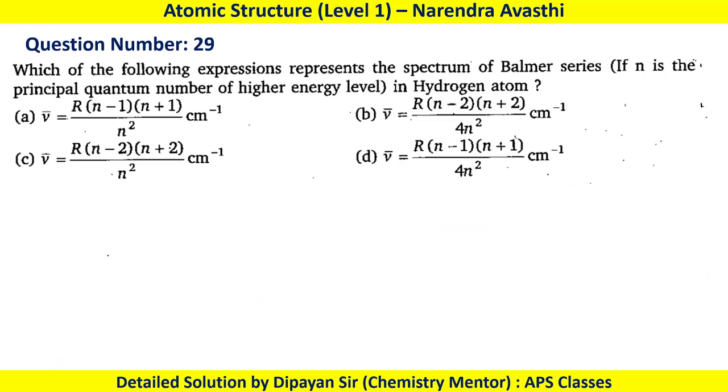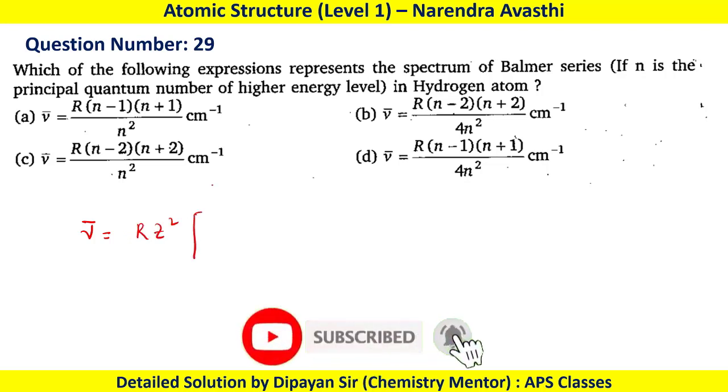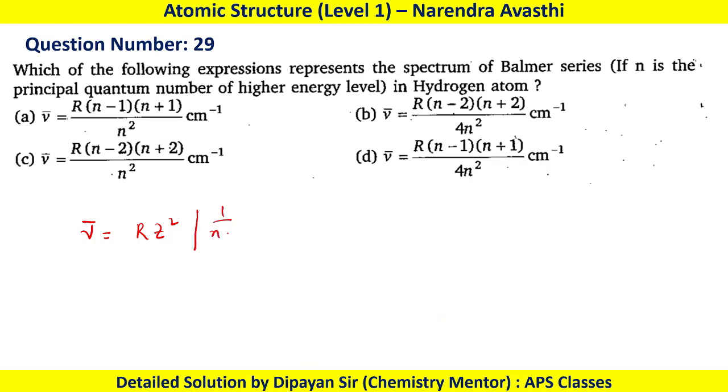In question number 29, we can calculate the wave number nu bar by R z square within mod 1 by n final square minus 1 by n initial square. It is a hydrogen atom, so the z value should be 1. So we can write R, 1 by 2 square minus 1 by n square.